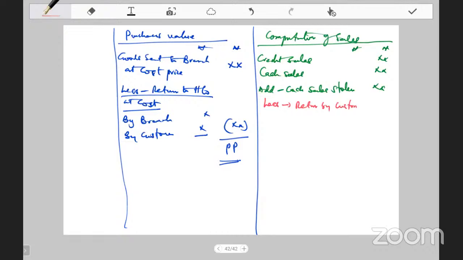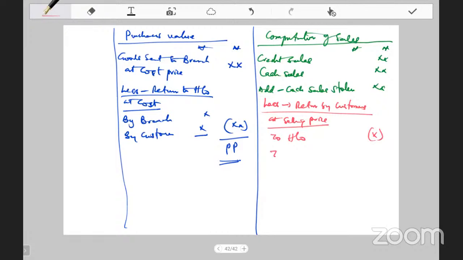And now say less the following, and the less will be returns by customer. What are the returns by customer? Return by customer to head office. Please, it must be at the selling price. Everything here must be at selling price. Return by customer at selling price to head office.